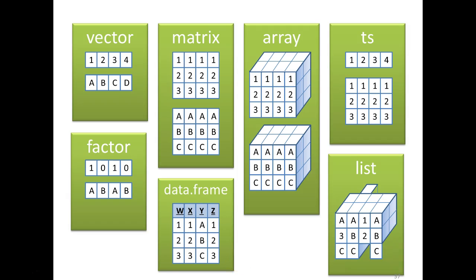And for those of you who are more graphically minded, this is an attempt to show the same thing, but graphically. We have the vector here with a row of values, in this case a numeric vector, and here we have a character vector with letters in it, and you can't mix them. The factor looks quite the same, but the idea here is that, for example, in this case, you could only have ones in series.